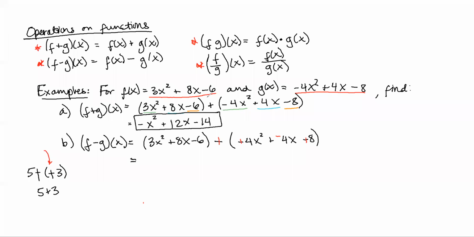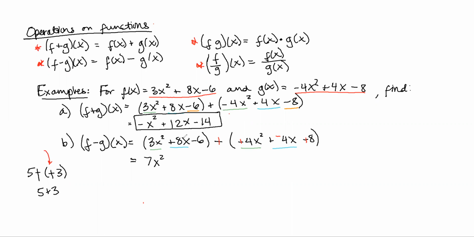And now it's just like the one we just did. So let's combine like terms. We're going to have 3x squared plus 4x squared. It's all positive now, so that's a 7x squared. And then we'll have an 8x plus a negative 4x.